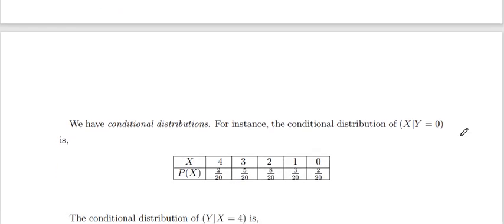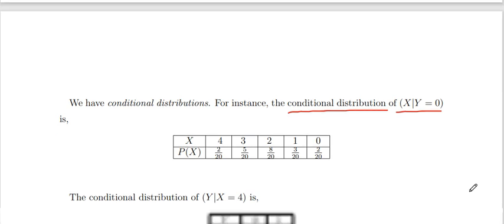Okay. And if we fix Y equals 0, this means we just focus on male students. So let's check their grade distribution. Such a distribution is a conditional distribution, the conditional distribution of x, where x here is grade, and y equals 0 means we just focus on male students.